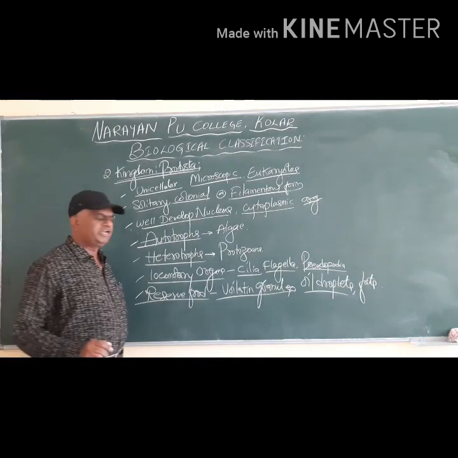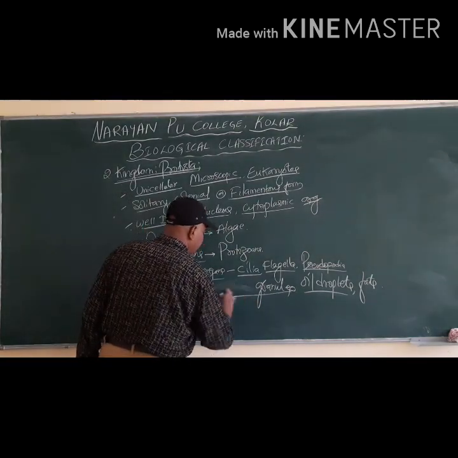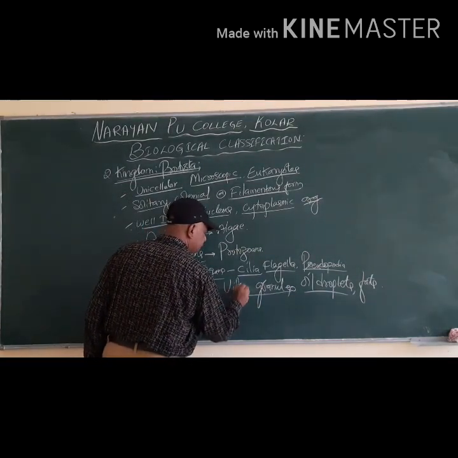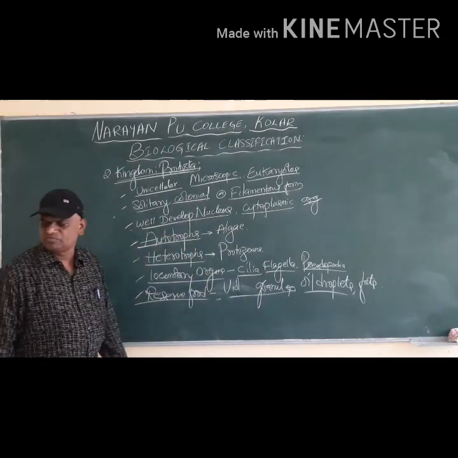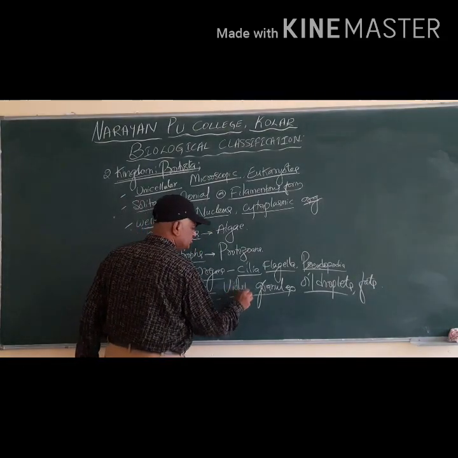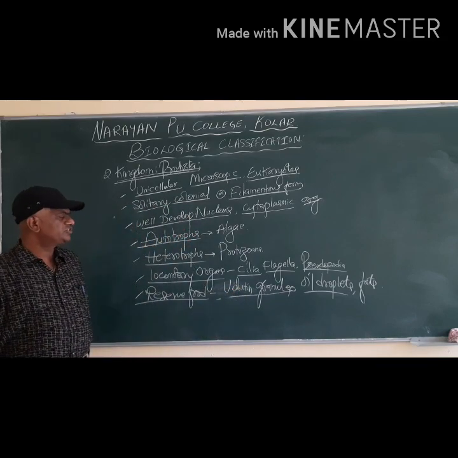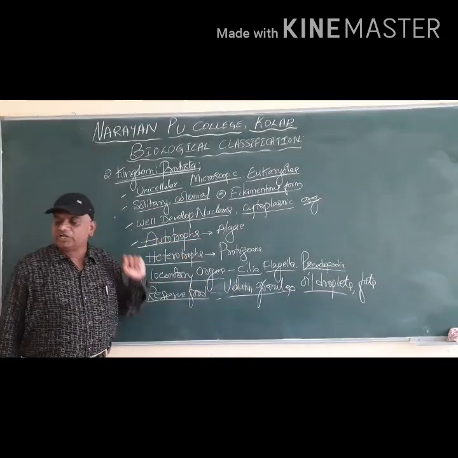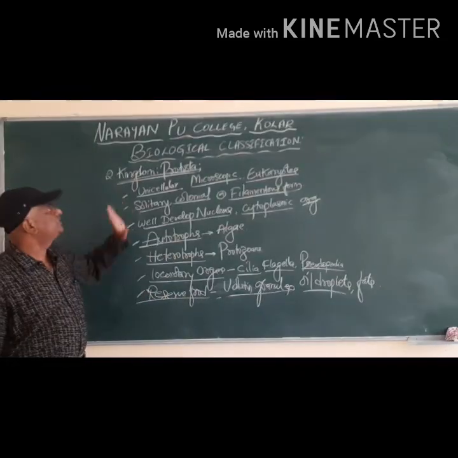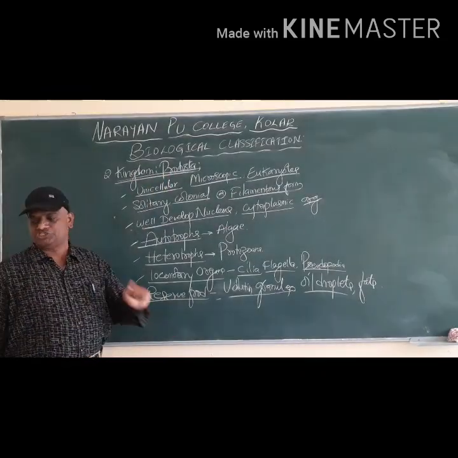So here the reserve food materials in the form of volatile granules, oil droplets and fats are called the reserve food materials present in the kingdom Protista.